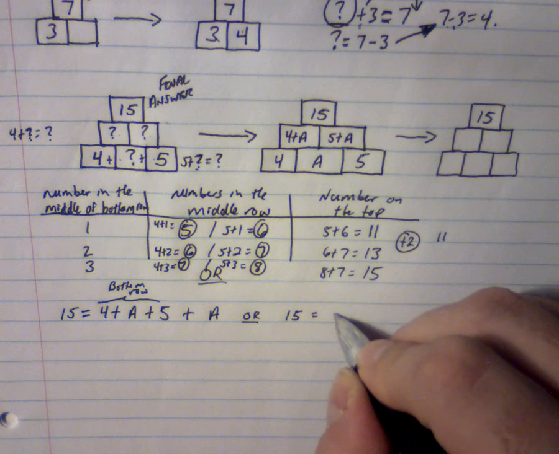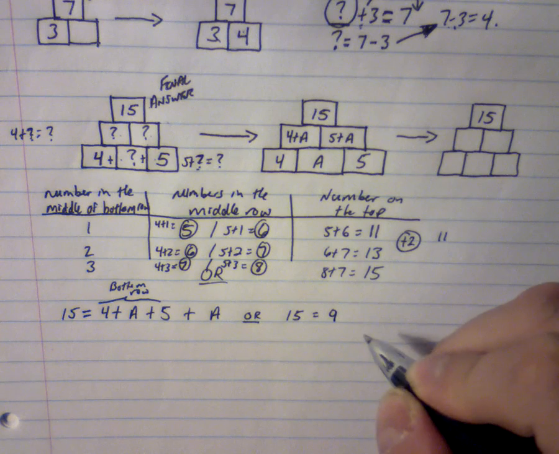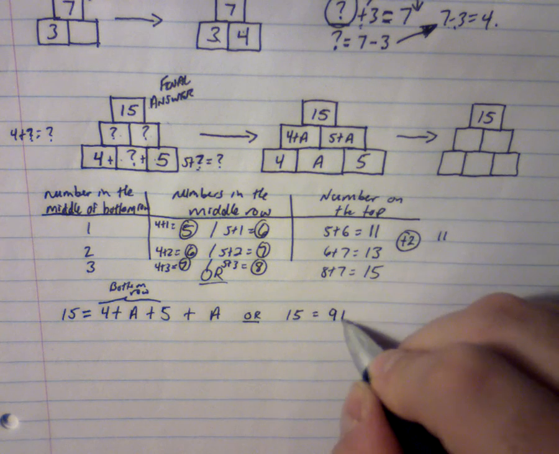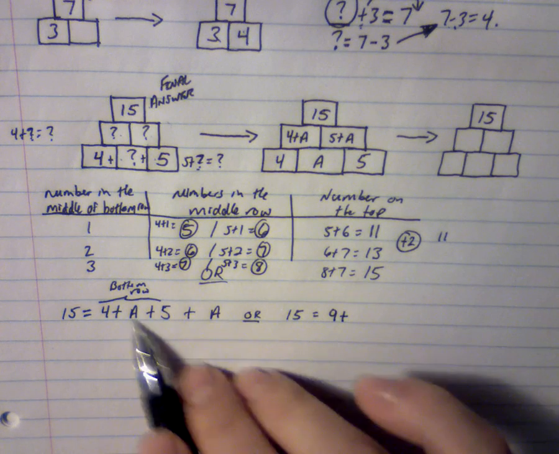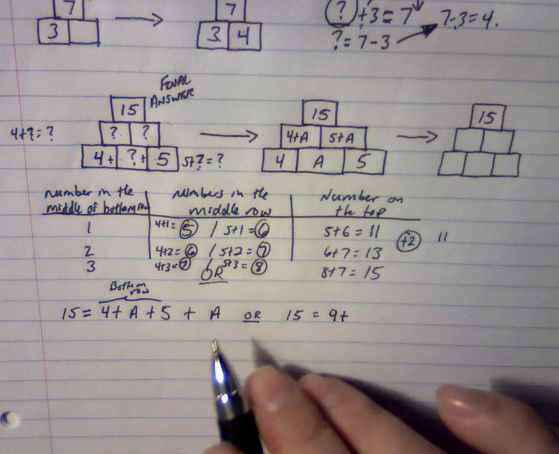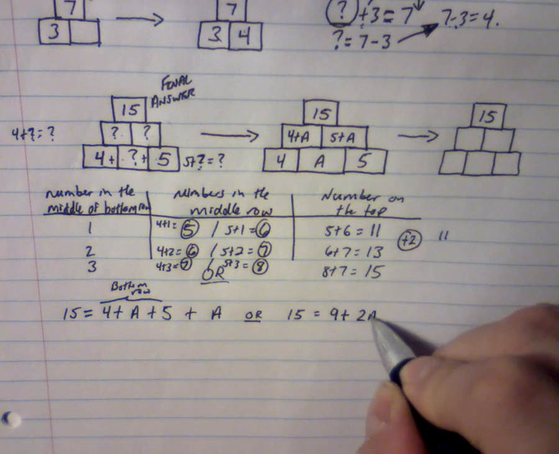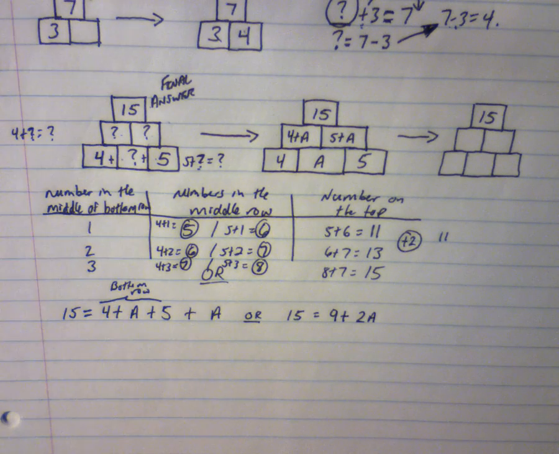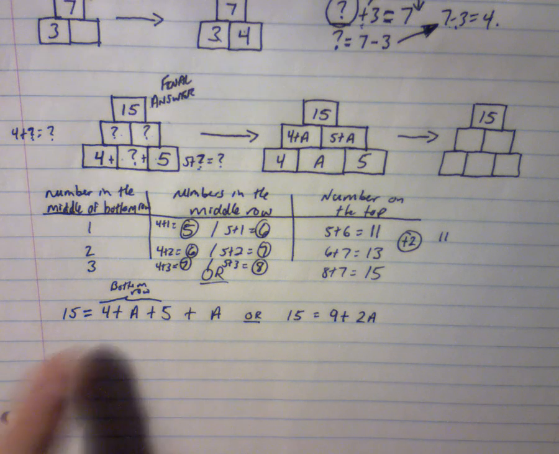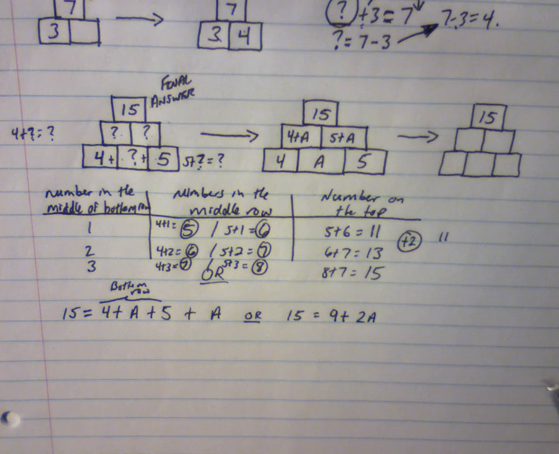It equals 9. Plus, we group our A's together. How many A's do we have? We have 2. 2A. Okay? So we have 2 A's, and we have 4 plus 5, which is 9.